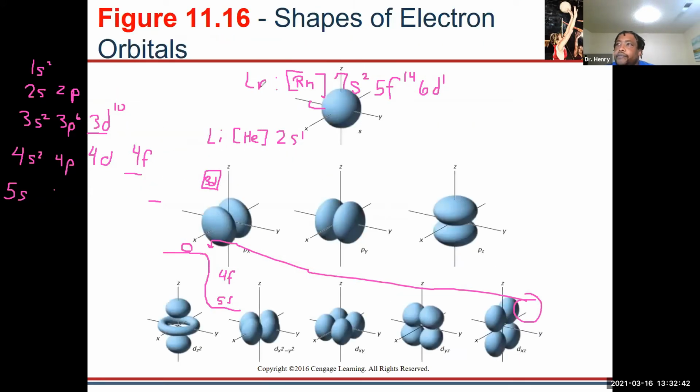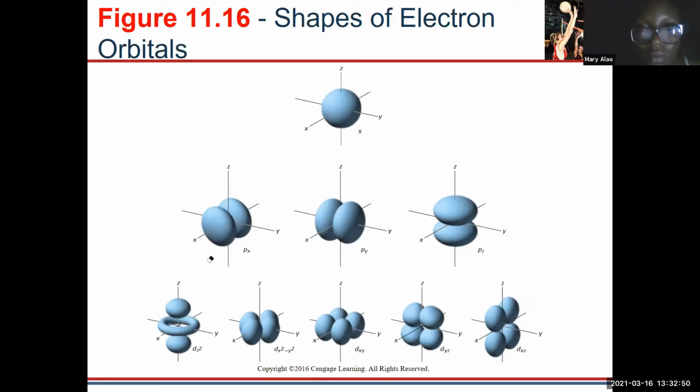Do you mind if I erase this and then we'll go back to it? Okay, so here's the S, here's the P, and here's the D. The S is real simple, it's just a sphere.